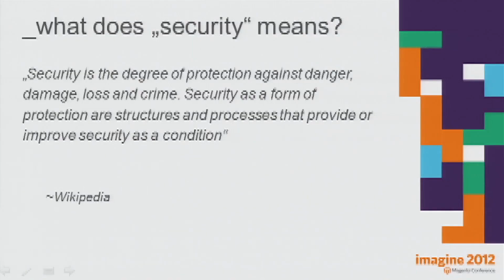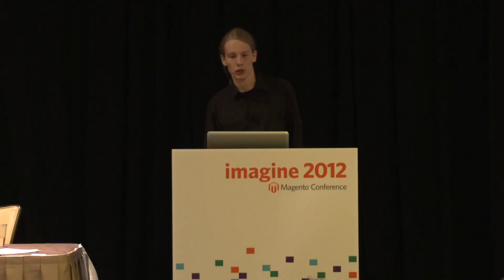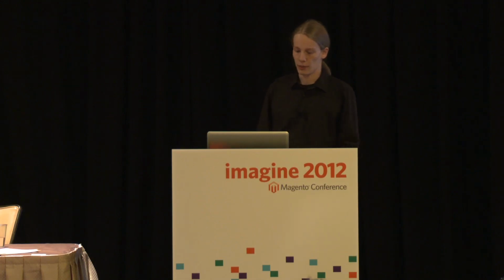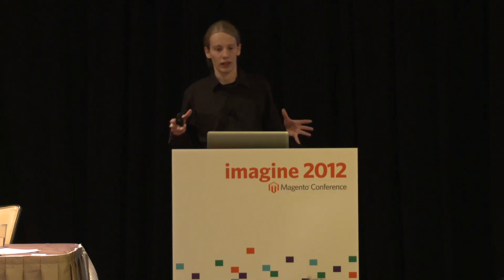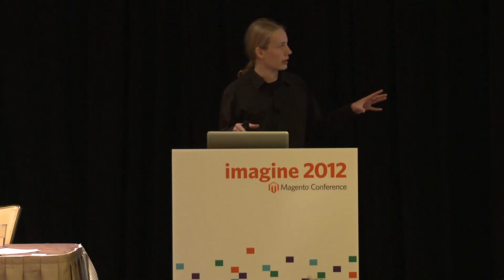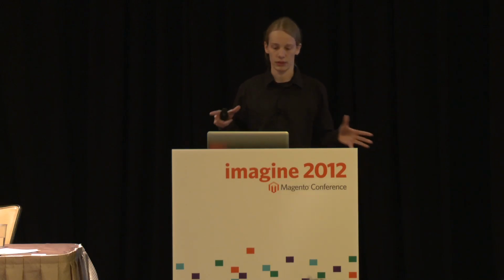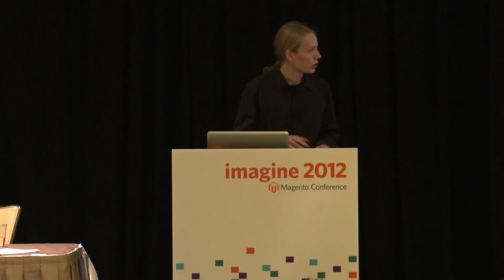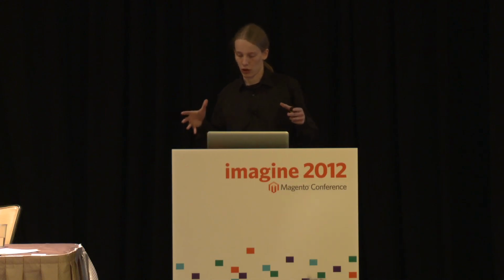Okay, let's go on. What does security mean? This is from Wikipedia: security is the degree of protection against danger, damage, loss, and crime. Security as a form of protection are structures and processes that provide or improve security as a condition. What does this mean? In this case, it's not for IT security, but it's similar. Security means all the parts we need to secure our stuff.